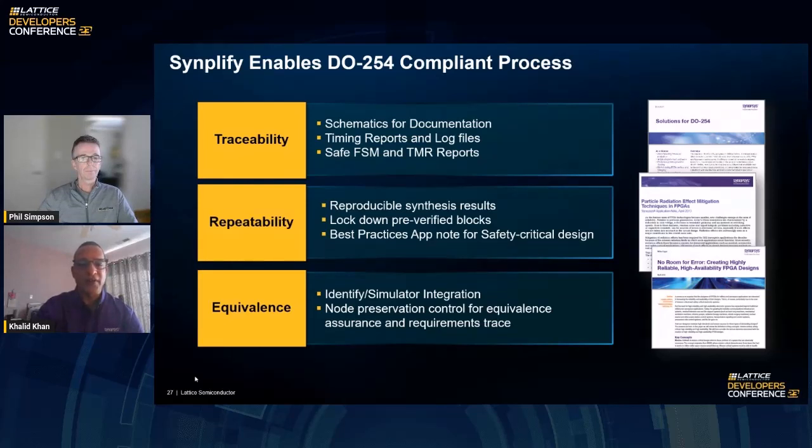You can lock down pre-verified blocks against any re-optimization via synthesis attributes and directives. For equivalency, Simplify provides scripts for RTL and netlist level simulation, comparison, and preservation of sequential elements for equivalency check, and also provides probing, tracing, and implementation of hierarchical design signals for debug visibility.